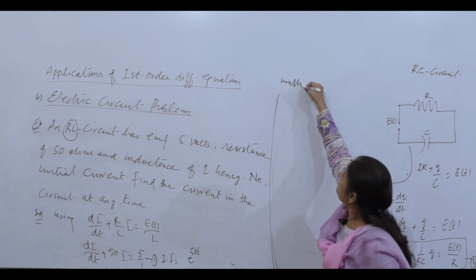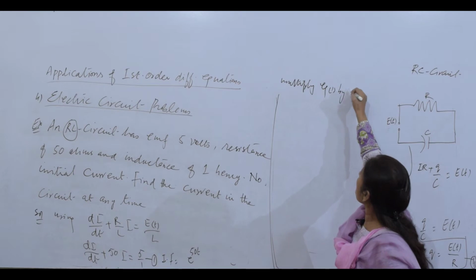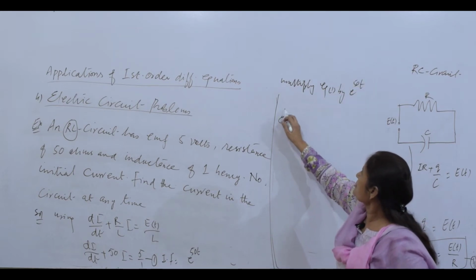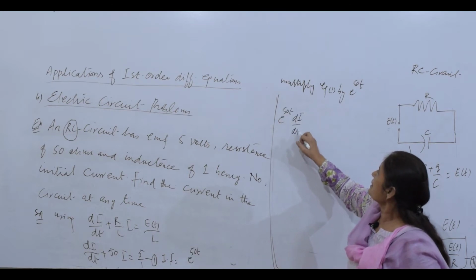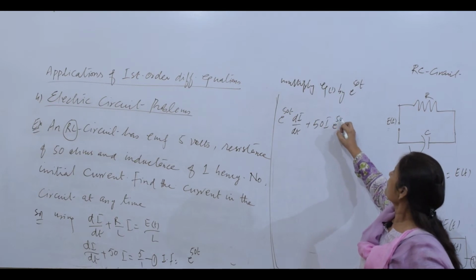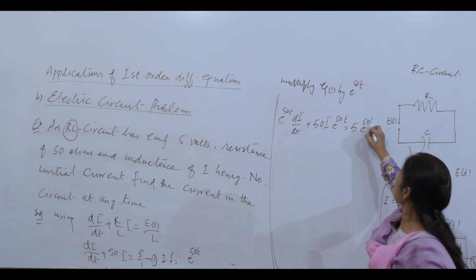Multiply equation 1 by e^(50t). So it becomes e^(50t) di by dt plus 50i e^(50t) is equal to 5 e^(50t).